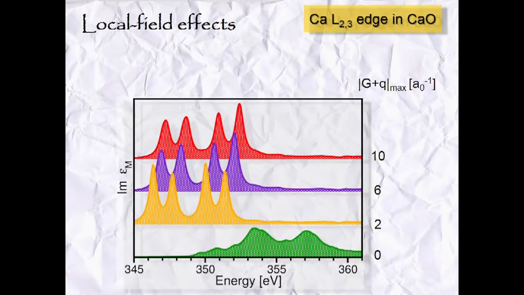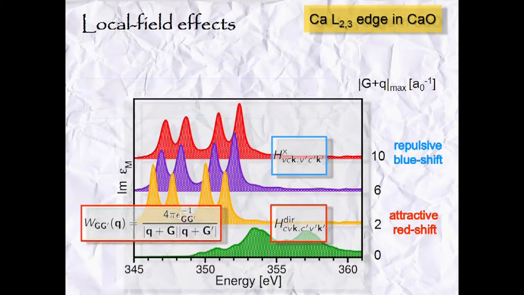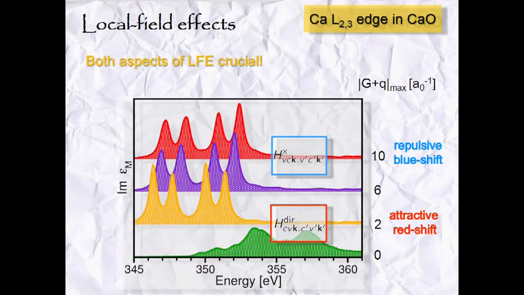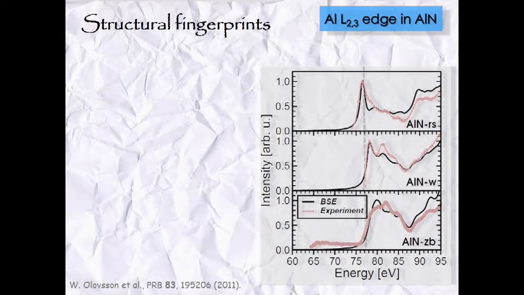What is very important, but I'm not going to point this out right now, is that in this case we have found an extreme influence of the local field effects, which are crucial both in the direct or the exchange term of the electron-hole interaction, but also through the screening of the dielectric function.